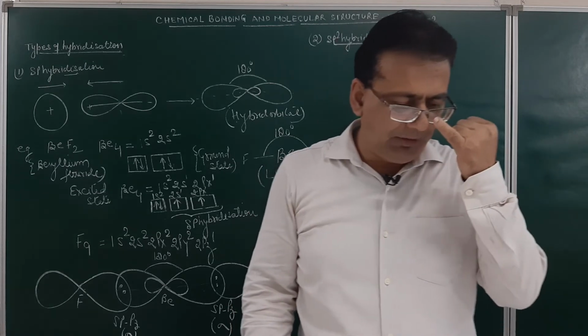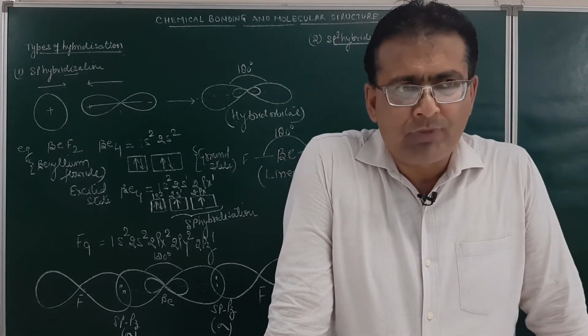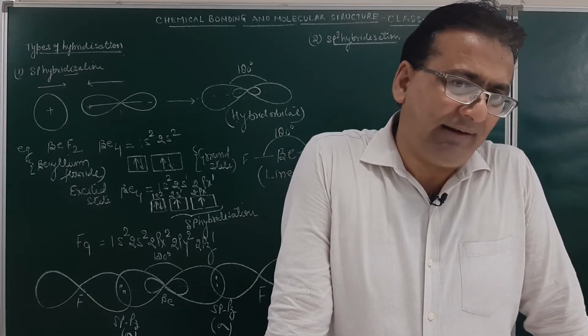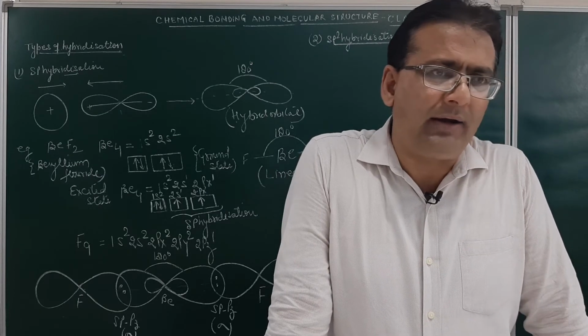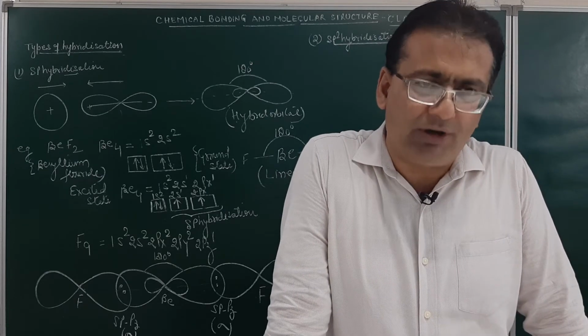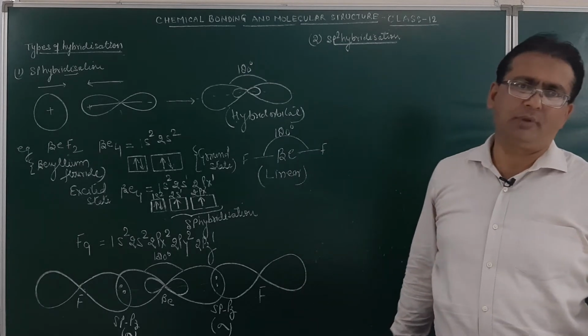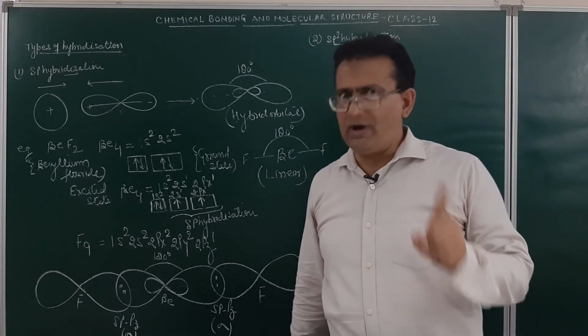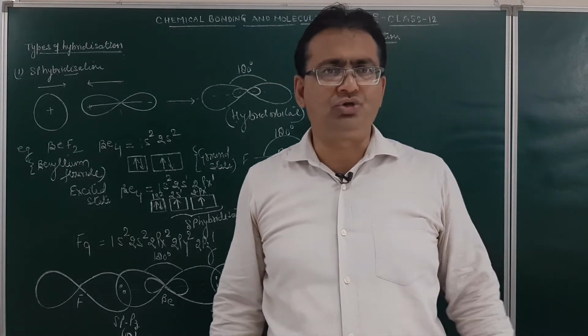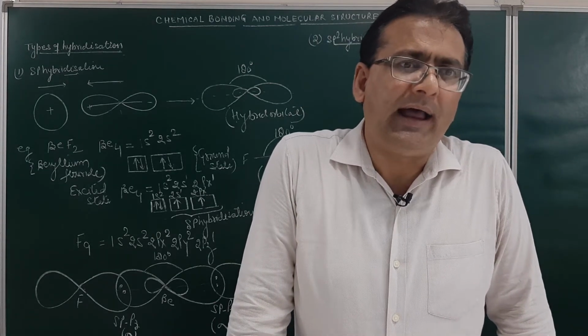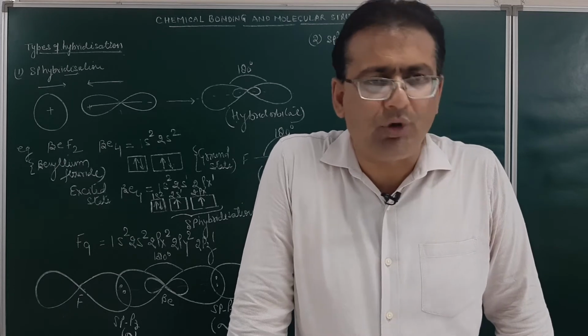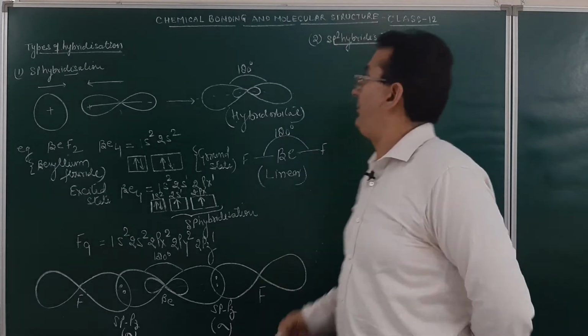And these 3 sp2 hybrid orbitals will orient themselves to acquire a trigonal planar regular geometry with a bond angle of 120 degrees. Am I clear? 1s and 2p atomic orbitals mixed together to form 3 sp2 hybrid orbitals.